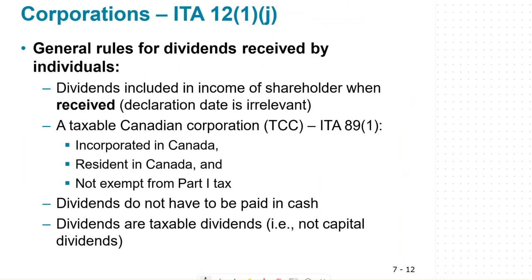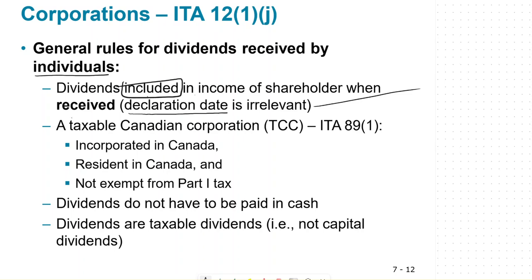Dividend income is included in the income of shareholders when it's received, not on the declaration date. You know from your accounting, you declare the dividend, but that is not relevant. When it's paid, that is what matters.